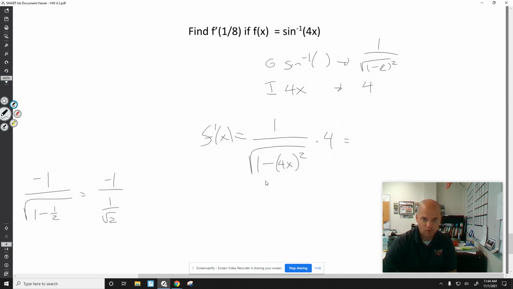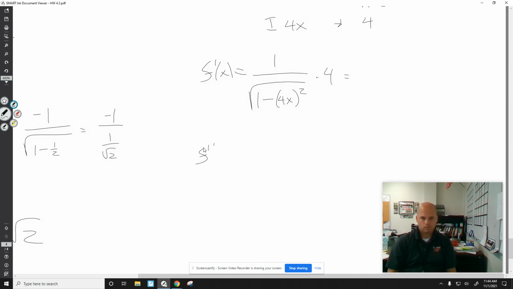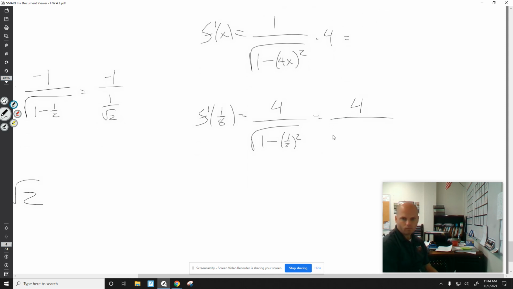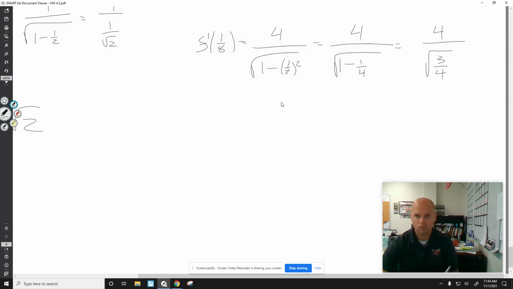Move the 4 to the top, plug in 1/8. 4 over root 1 minus 4 over 8 is 1/2. Square 1/2, we get 1/4. 4/4 minus 1/4 is 3/4. Square root of 3 over the square root of 4. That's the same as root 3 over 2.